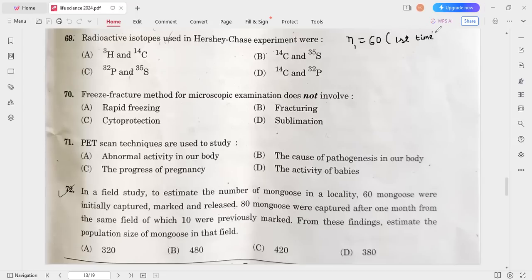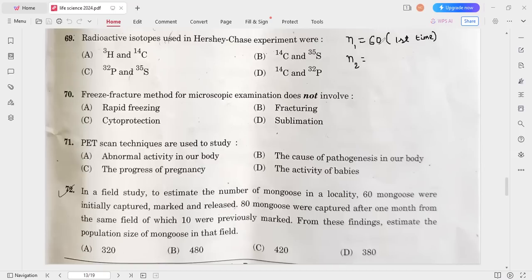Marked and released. Then 80 mongoose were captured after 1 month from the same field, of which 10 were previously marked. So after 1 month, 80 mongoose were captured. In those 80 mongoose, 10 were previously marked. Now let me write N2, that is total caught the second time.